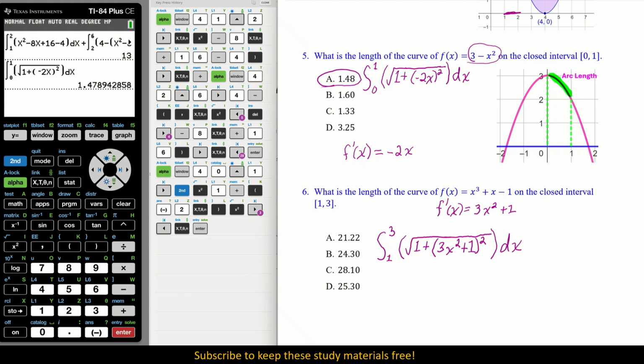All right, let's put all that in the calculator and let's see how this turns out. Okay, so we go second window, 4.